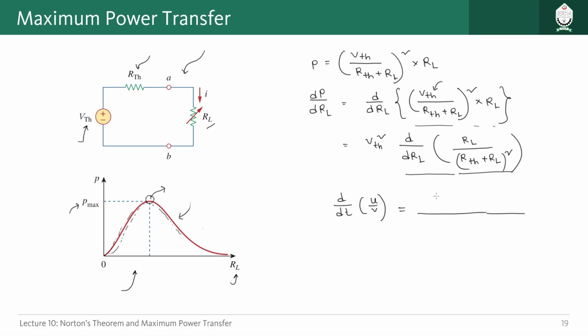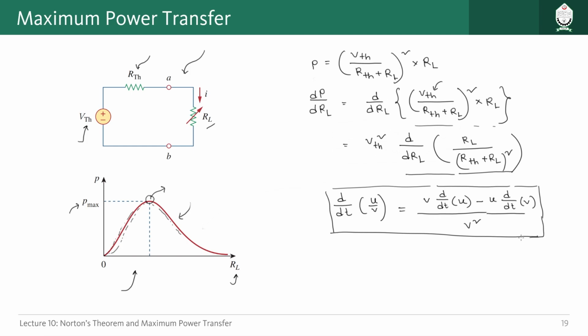First of all, we took V multiplied with the derivative of U, minus U times the derivative of V, and at the denominator we will have V square. So this formula we have to apply for our case, right? So let us try to do that.